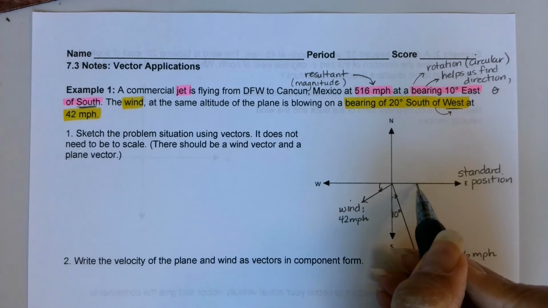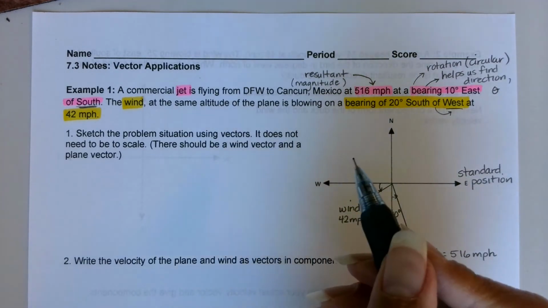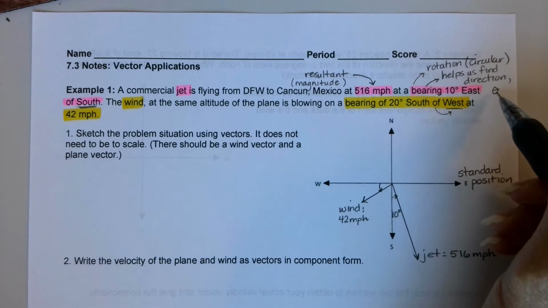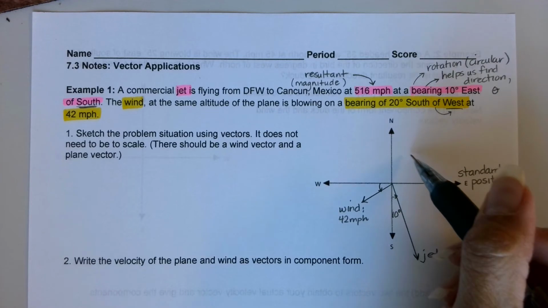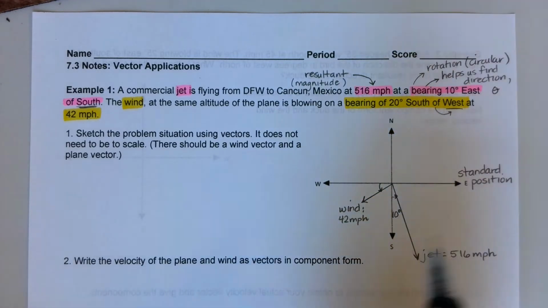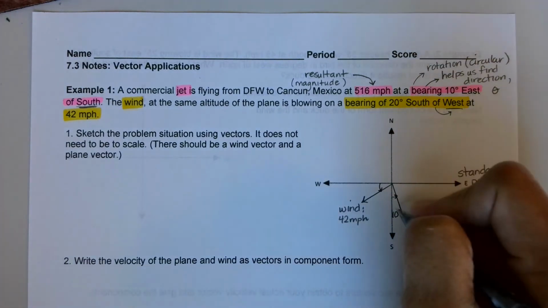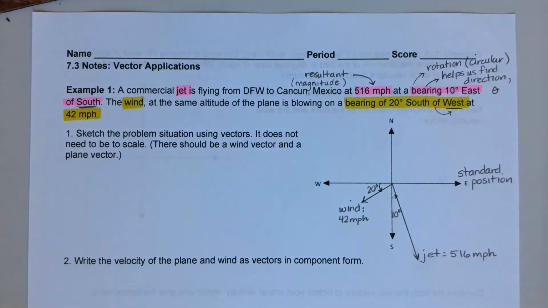So any position angle, you need to always start from the standard position and rotate and stop wherever that vector is. Okay, so no, our angles are not going to be 10 degrees and 20 degrees. We're going to use those to find the direction angles.